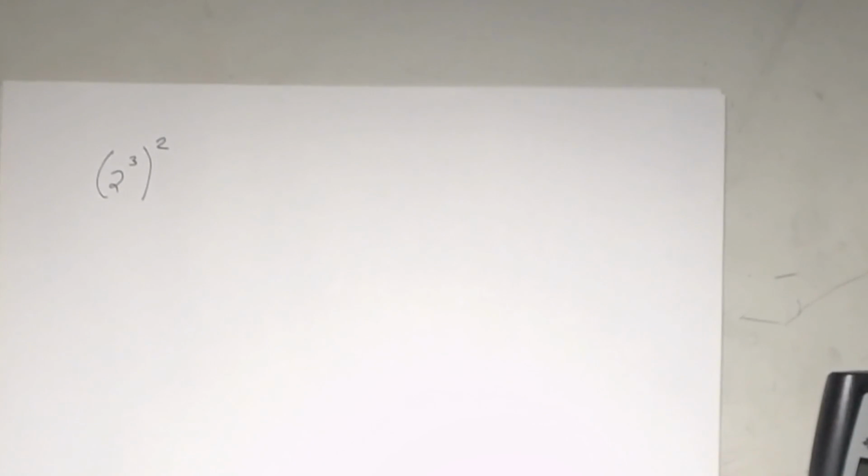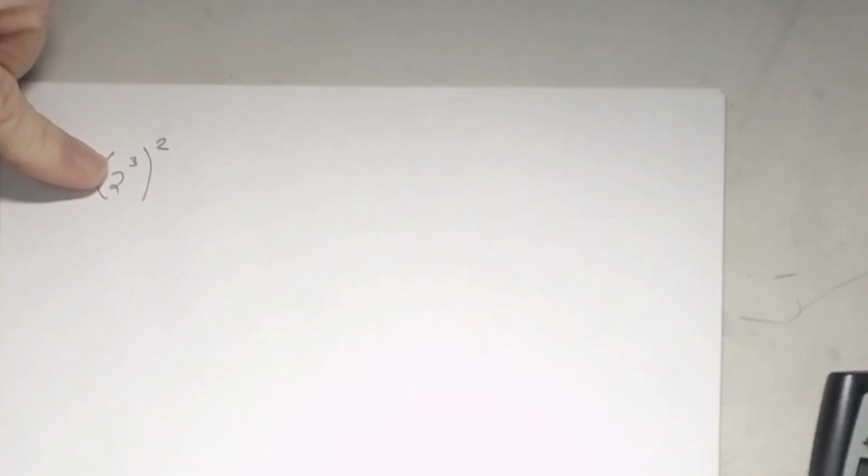Look at that outer exponent. What's that outer exponent? 2. What is being raised to the second power? 2 to the third. So we consider 2 to the third the base. So the base for this exponent 2 is 2 to the third. Now remember, what does that exponent tell you to do about this base?